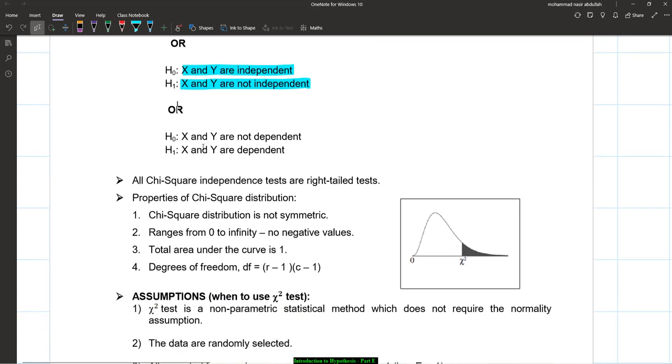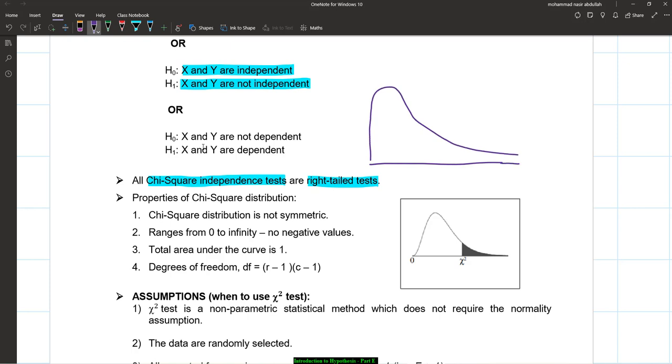So all chi-squared independence tests are right-tail tests. The distribution no longer looks like a normal distribution. A right-tail test is a distribution skewed to the right. This is a chi-squared distribution.